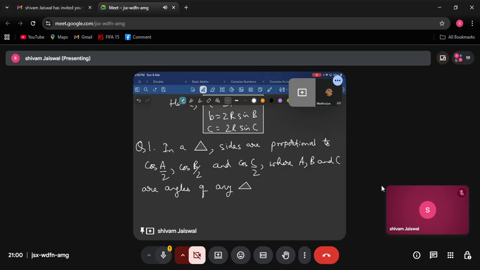Find the angles of that triangle. Solve. So this is the last question, everyone, for today.